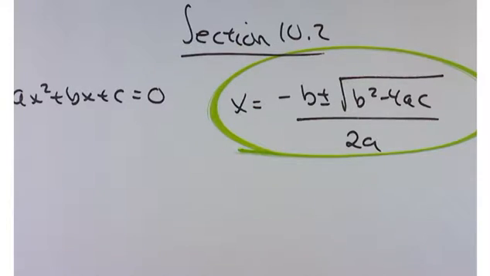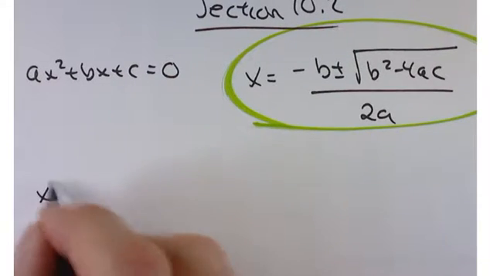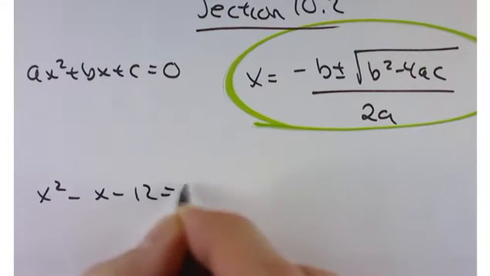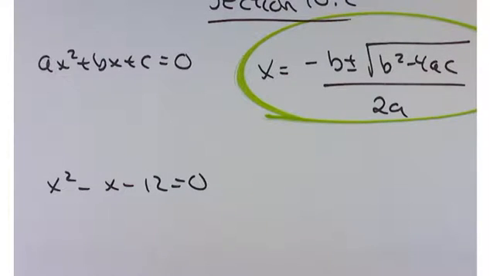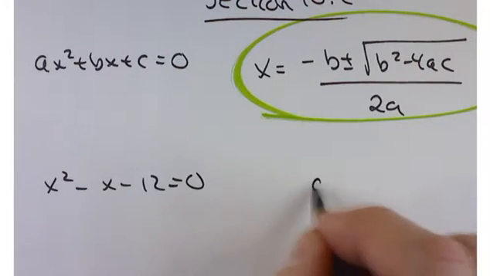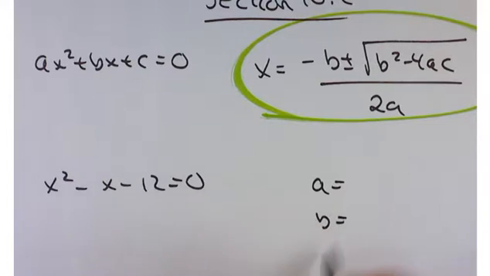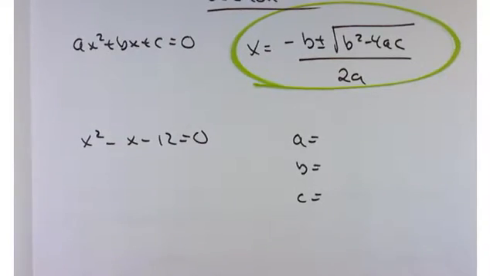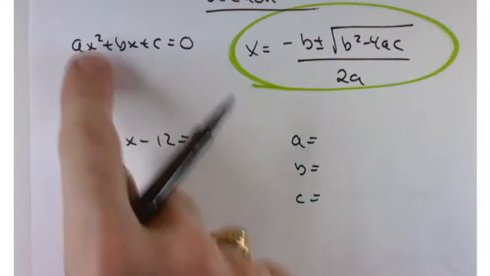In fact, let's start out with the following example. Suppose I had x squared minus x minus 12 equals 0. I was asked to solve this, and for whatever reason I decided, you know what, let's use the quadratic formula. To use the quadratic formula, it helps me to identify what a, b, and c are. So a, b, and c are the coefficients.